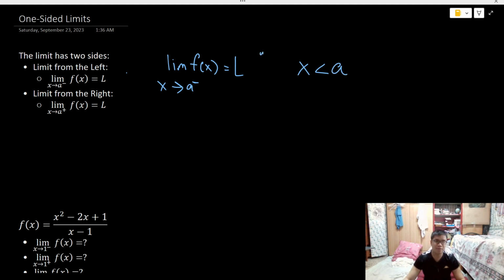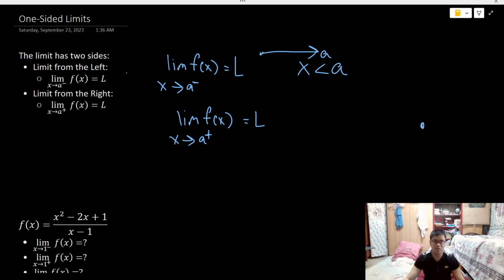So from the left going to the a. That is the limit from the left. On the other hand, when we say limit of the function as x approaches a, but the sign is positive instead, it implies that you have x values that approach a from the right.